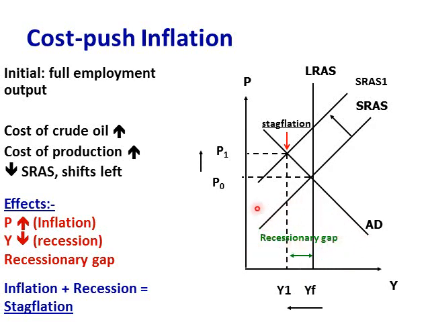So this is a very serious situation for your economy, whereby your output is falling. That means your companies are not producing as much. Likely, people are losing their jobs, and at the same time, prices are rising. So it's like a double whammy for the economy, and this is not a situation that's very easily resolved.